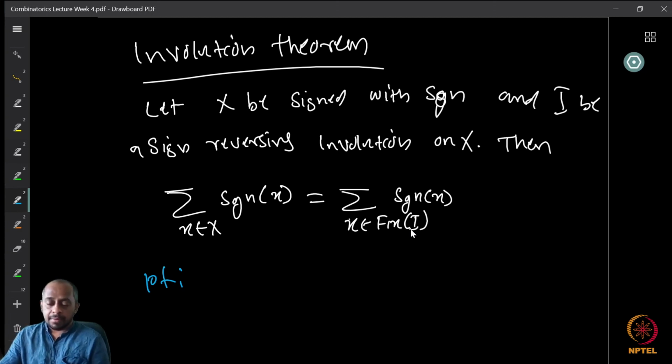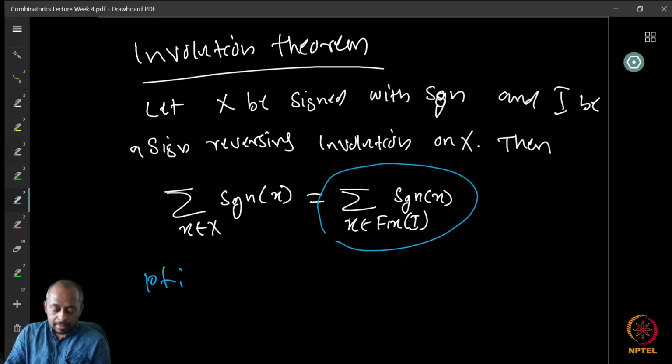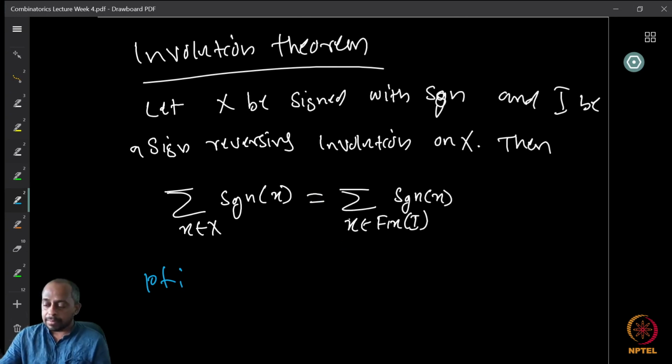So the number of elements that have the plus sign must be equal to the number of elements that have the minus sign, and therefore they will cancel out. Those are the elements outside the fix of I. Everything else will add to 0, and the remaining things will be those elements in fix of I with their own sign. That is the idea, so that's an informal proof.